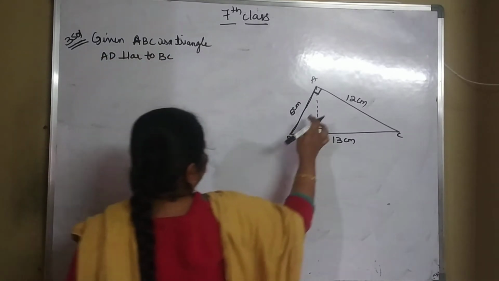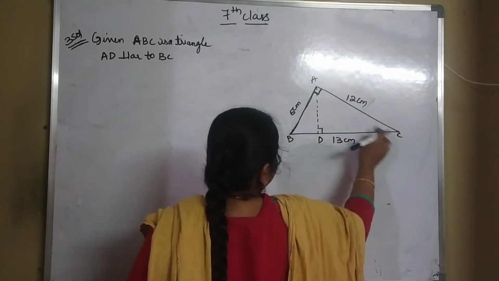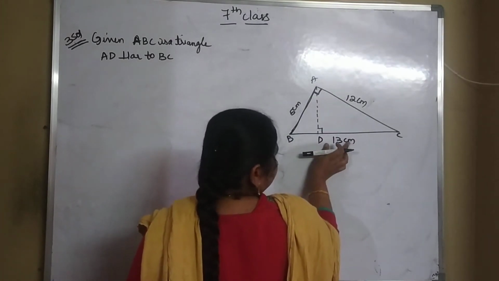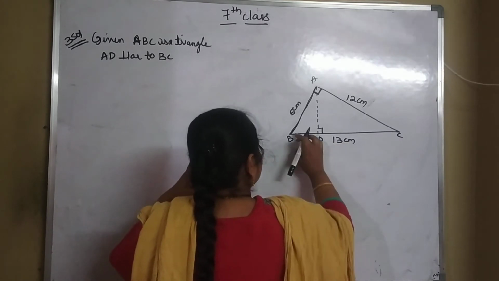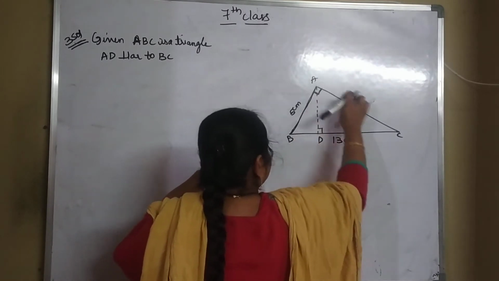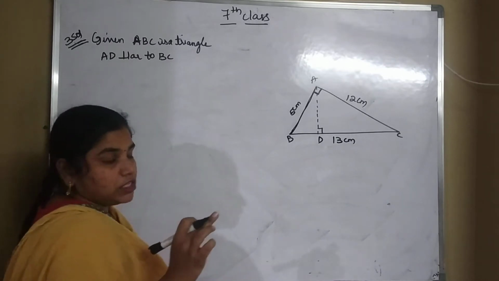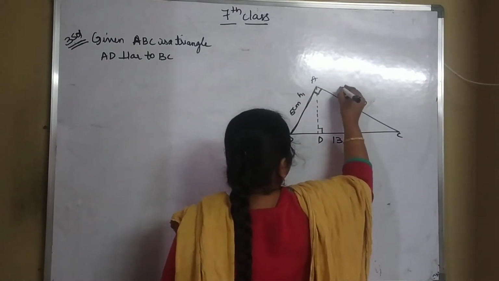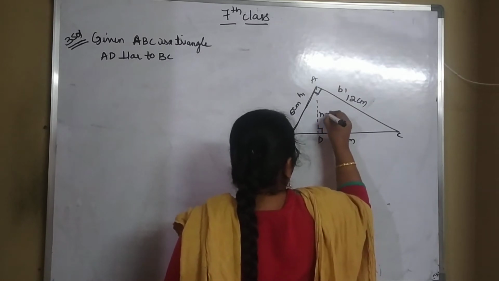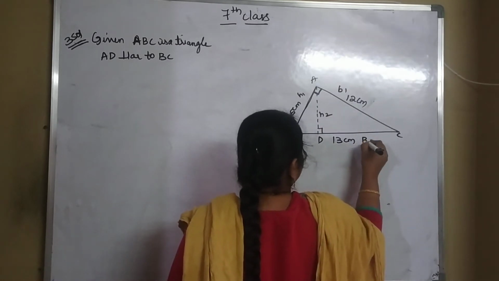So this AD is perpendicular to BC; this is a height and this is a base. And in this triangle they have given one more height and base. So this is a height and this will be a base. This is height 1, this is base 1, this is height 2 and this one is base 2.